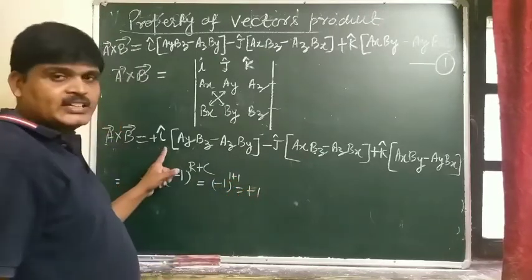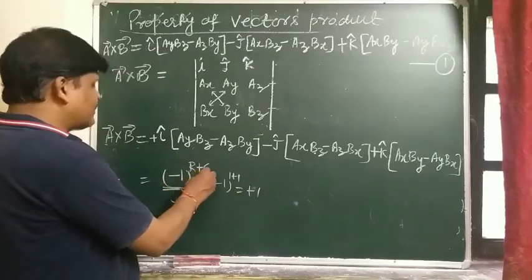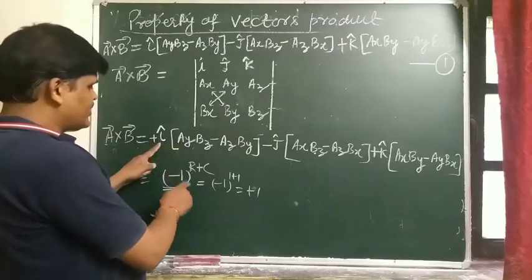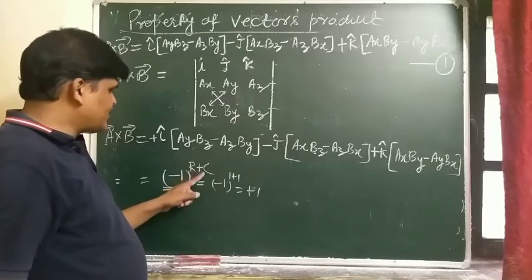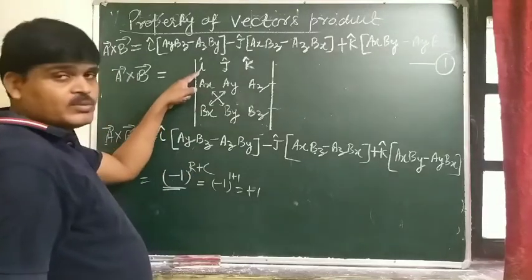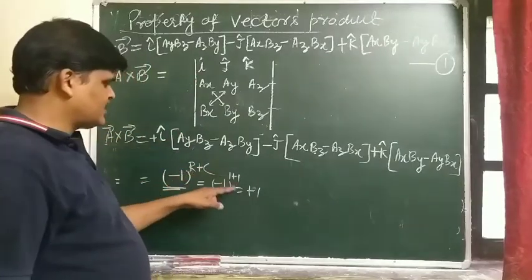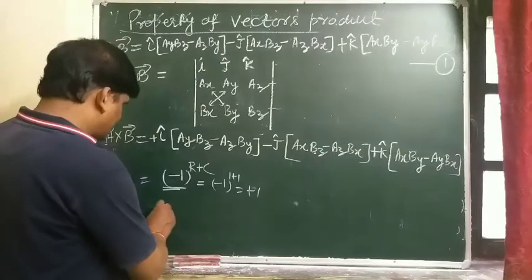So here I is taken to be positive because we use the formula minus 1 power R plus C. R means first row, first column. So 1 plus 1 is positive.